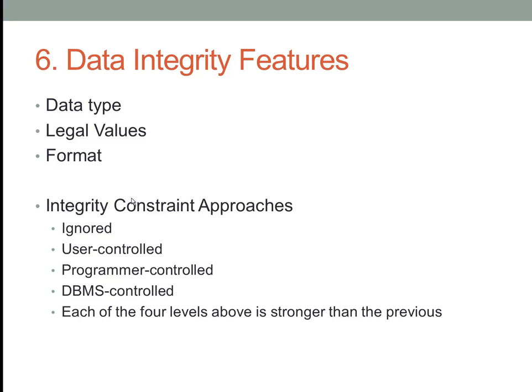It's more important that you focus on the second, third, and fourth: user-controlled, programmer-controlled, and DBMS-controlled, on page 248. And you do actually have to have a variety of all three of these types of constraints. There are times where the only real good constraint you could come up with is to train the users and tell them this is the only acceptable data.